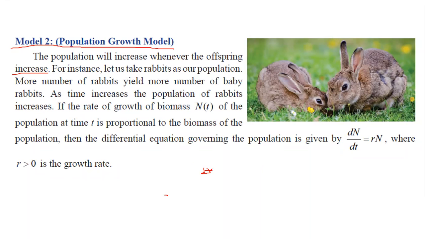There are two things: one is increasing, one is decreasing. When the birth rate is increasing, the population will also be decreased due to the death rate. So when you go for mathematical modeling, a lot of constraints are there. You have to consider all the constraints when forming the mathematical model for a particular problem.